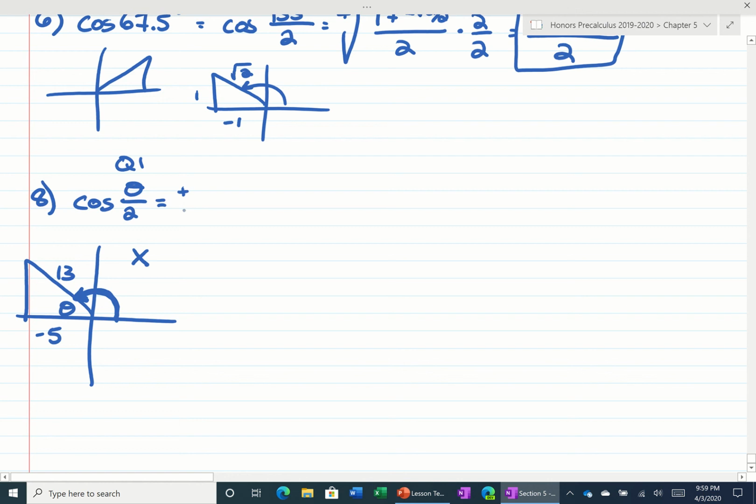which gives us a positive square root of 1 plus the cosine divided by 2. This one's going to be a little bit trickier. I'm going to actually figure this out here. So 1 plus negative 5 over 13, divided by 2, gives me a positive square root of 4 over 13.